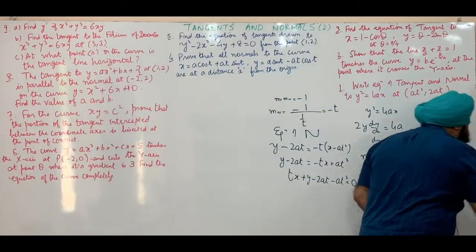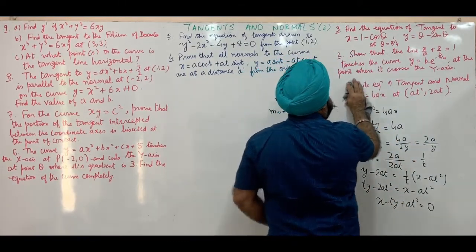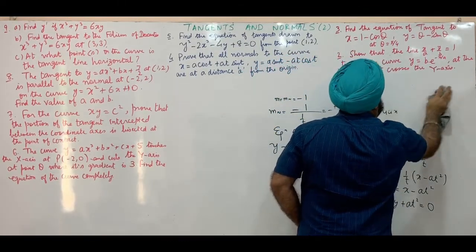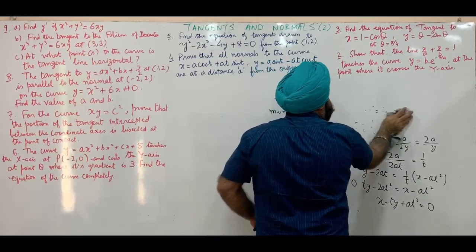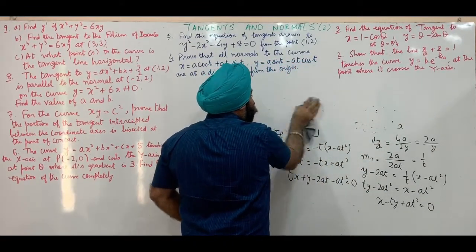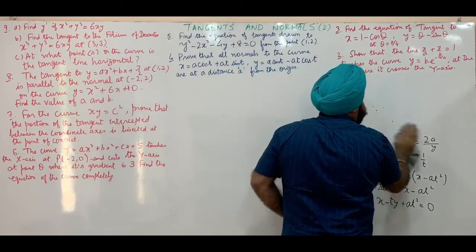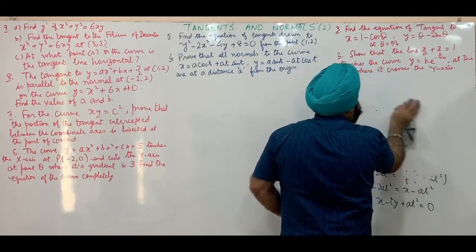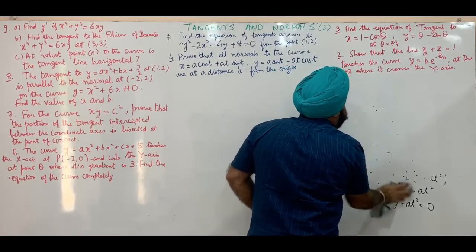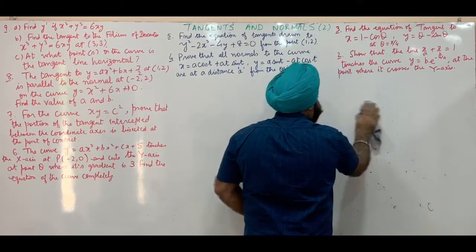The next one, we have to show that the given line in intercept form, x upon a plus y upon b is equal to 1, touches the curve y is equal to b into e raised power minus x by a at the point where it crosses the y axis.